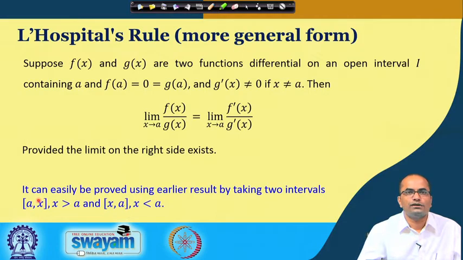In these two intervals we will apply the previous result, which will establish the limit as x goes to a from the positive side, and then when we apply that result to the other interval, we get x goes to a from the negative side. So, both the limits from the right side and from the left side give the same result, which will conclude that the limit as x goes to a of f(x) over g(x) is equal to the limit as x goes to a of f prime over g prime of x.